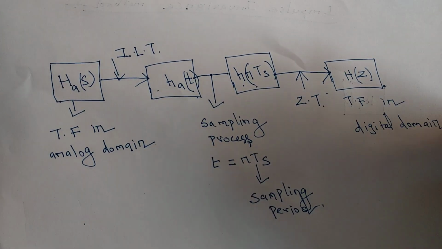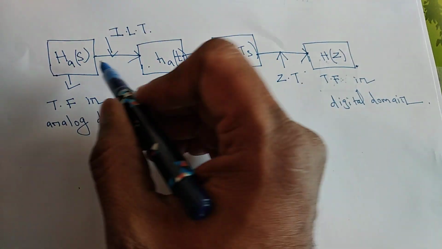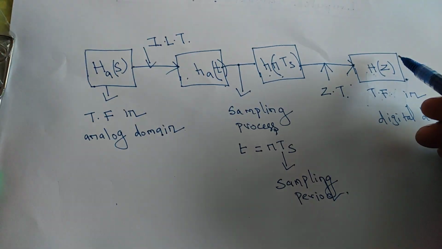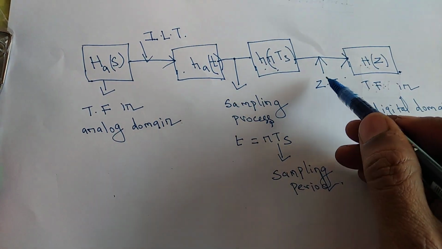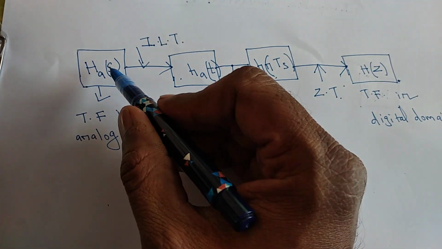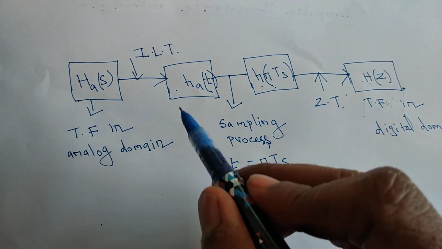So once again, I will review the topics. Our ultimate aim is to convert the S-plane transformation to the Z-plane transformation. In between that, there are different mapping schemes we are applying. First, we apply the inverse Laplace transform of H a of s to obtain H a of t.